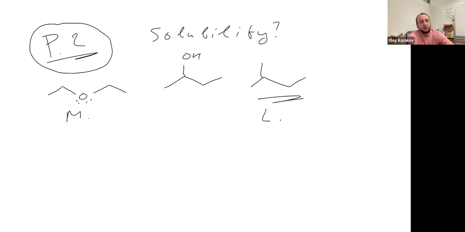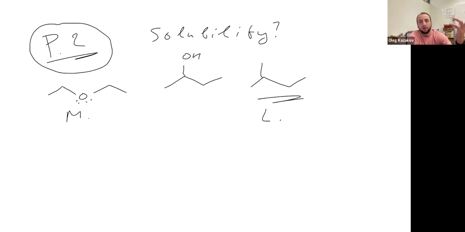So then what else? We can also think about some slightly stronger interactions that will exist between the molecule of ether and water. Ether will feature the polar bonds between the carbon and oxygen, so we potentially can think about some sort of dipole that will exist in the molecule of ether. The dipole also exists in the molecule of water.